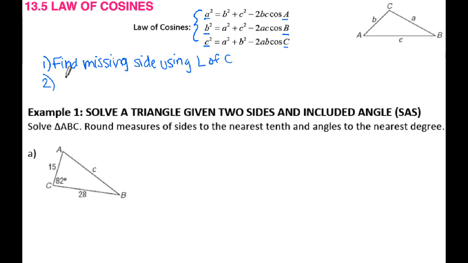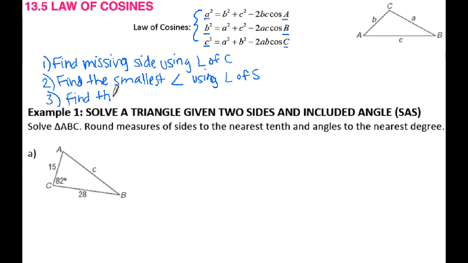Step number two is to find the smallest angle using the law of sines, because I happen to think that that's easiest. And step number three is to find the last angle.